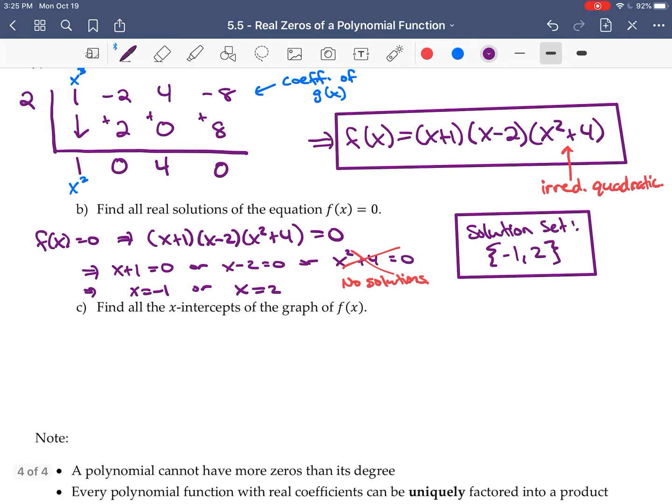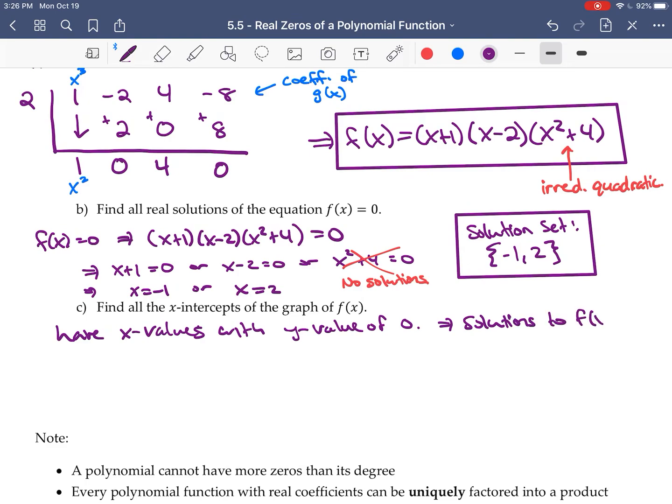The x-intercepts, so these have x values with y value of 0. So that means they are solutions to f of x equals 0, which is what we did in B. So that means that the x-intercepts for this graph would be (-1, 0) and (2, 0).